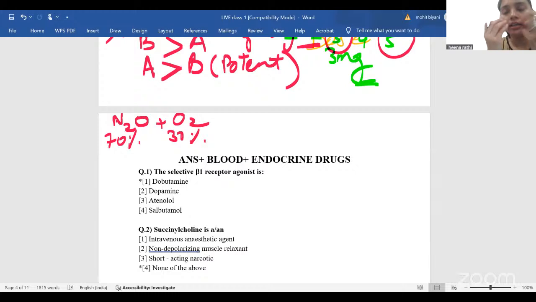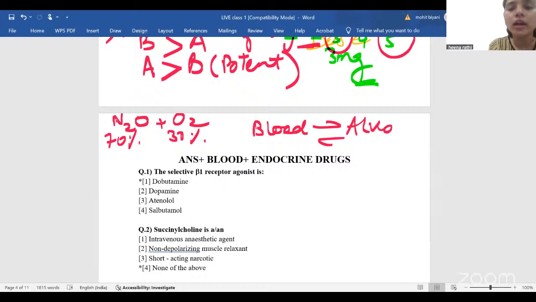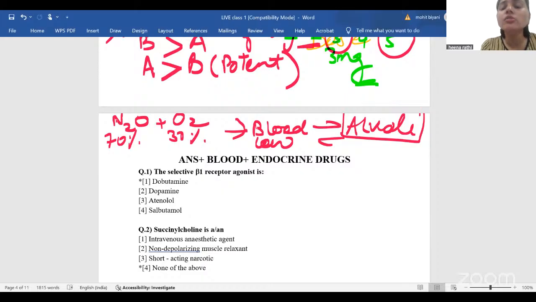When nitrous oxide enters by the inhalation route, because of its low blood solubility it will enter the alveoli at a faster rate. When we switch off the nitrous oxide to recover from the anesthesia, because of this low blood solubility, the nitrous oxide is going to have an effect on the alveoli.